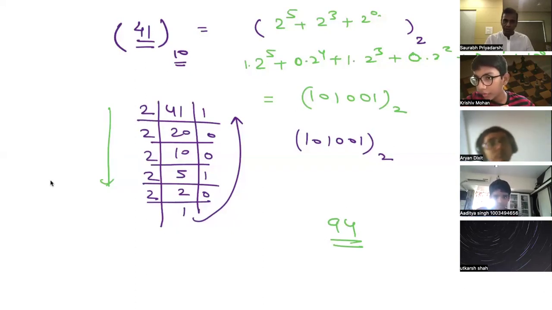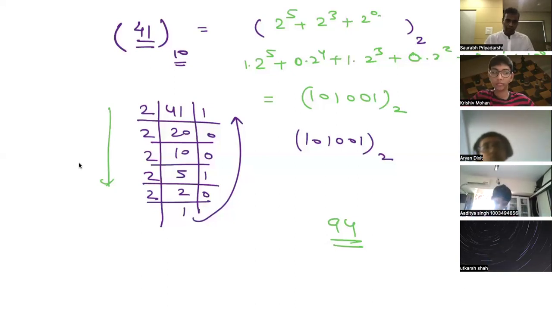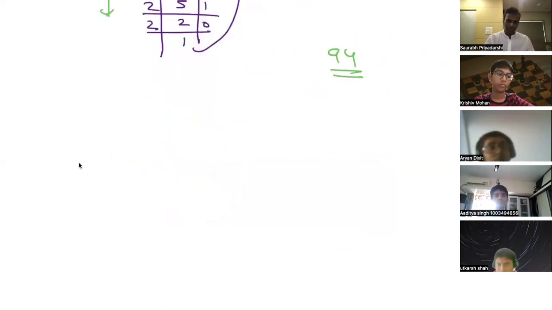Just check it out, बेटा. Alta, very good. Satani, very good. Sanjana, very good. Utkarsh, very good. So I hope everyone is getting it.